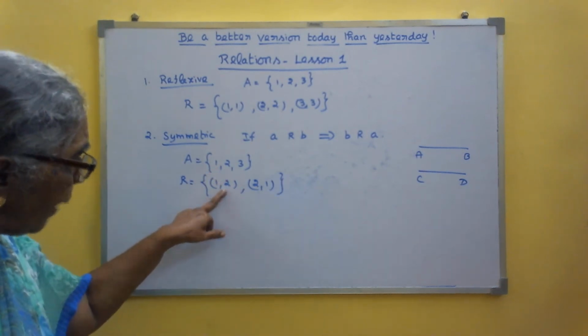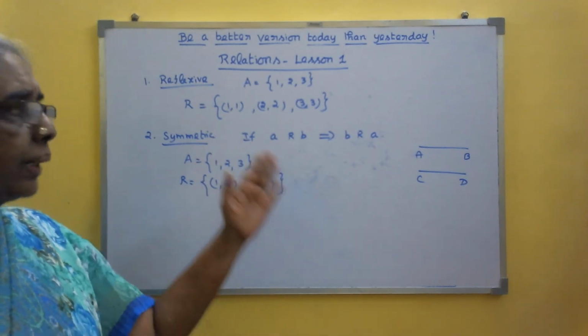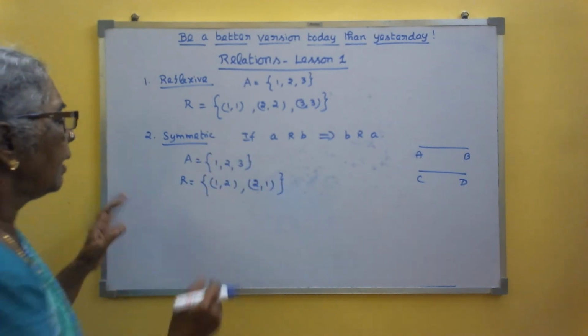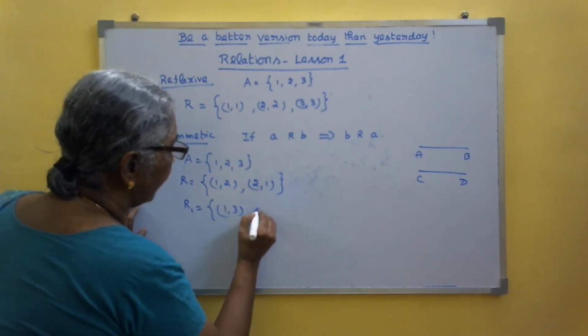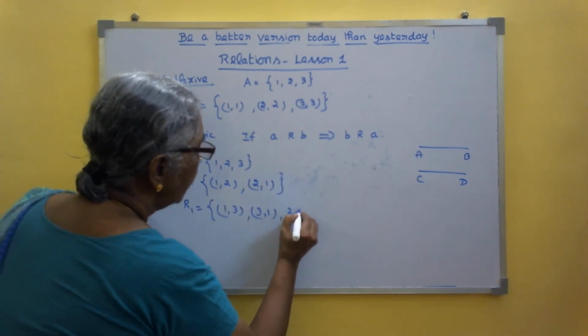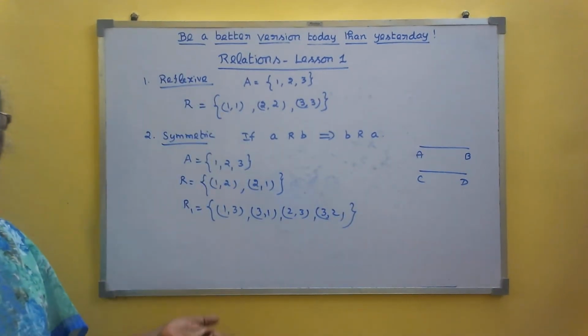For one pair, if it is present, you should have the symmetric pair. You can call this relation as symmetric. Or you can have another relation which consists of (1, 3), (3, 1), (2, 3) and (3, 2). This is also a symmetric relation.